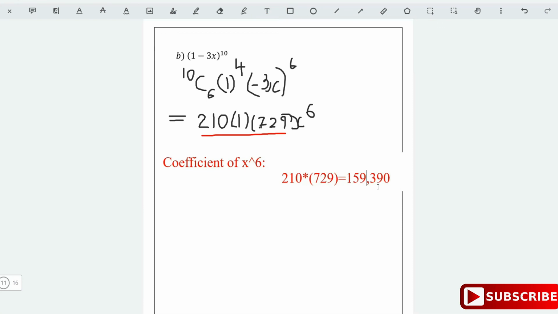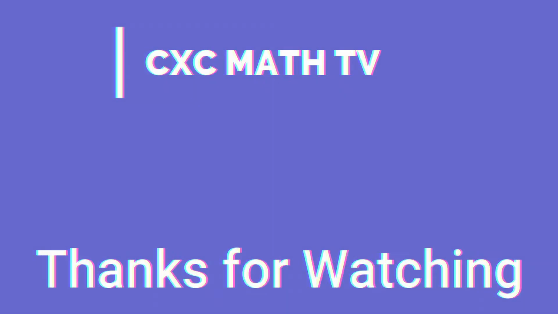This part should have been 3090. So it's good when you check back your answer sometimes. I multiplied incorrectly. 210 times 729 is this. That's the coefficient of x to the 6. Nice and easy.